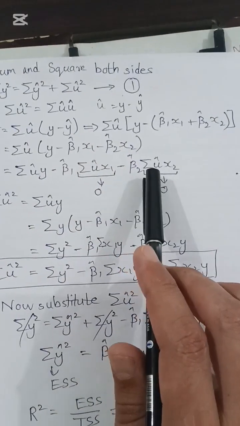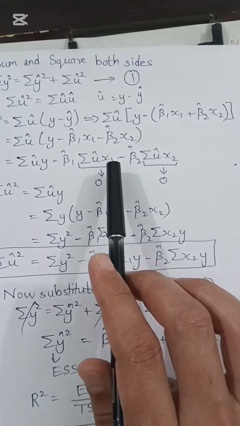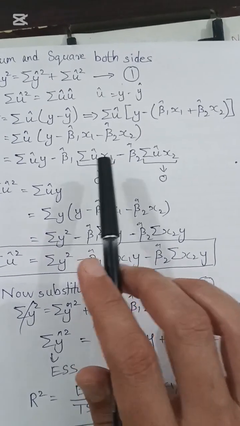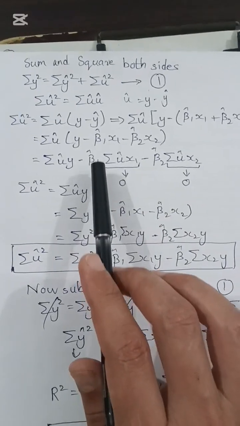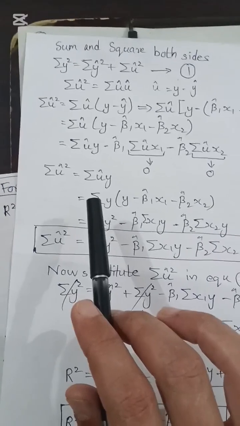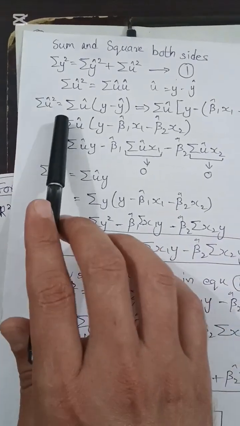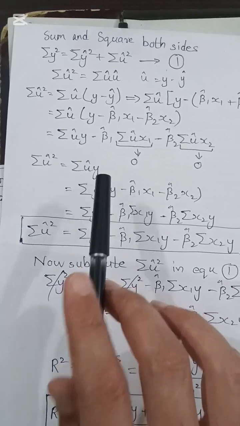That's why these terms are 0. The covariance between the x1 variable and u hat is 0, and the covariance between the x2 variable and u hat equals 0. So these whole terms become 0. What is left is that the sum of u hat squared equals the sum of u hat times y.